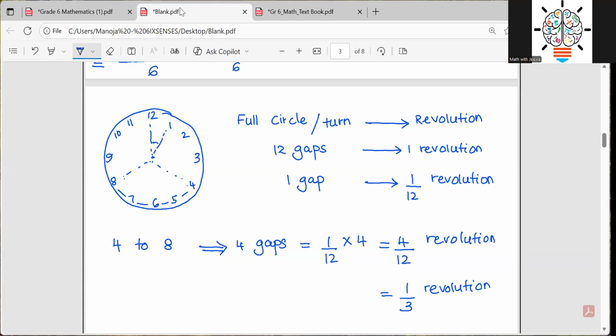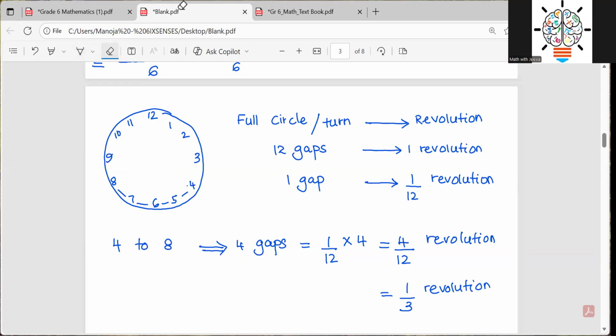Then when you get the question on the exam day, what you can do is just draw the clock like this. And then what they are telling you, quickly draw. Let's say they are saying that you are moving from 3 to 9.